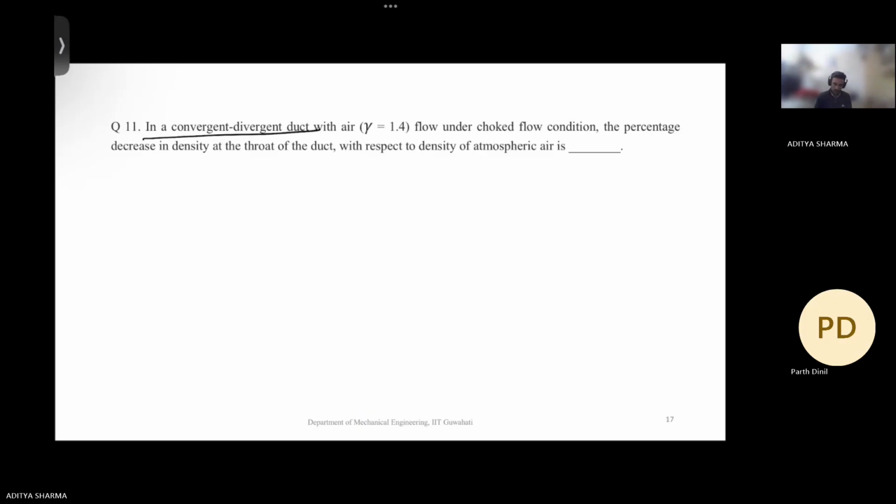So in a CD duct, choked flow condition is there. Now it says that your density will decrease with respect to whatever it was in air.